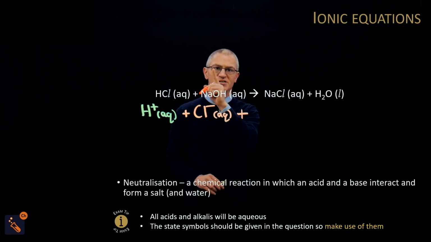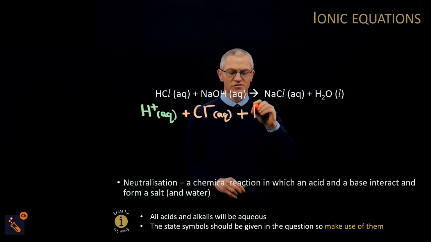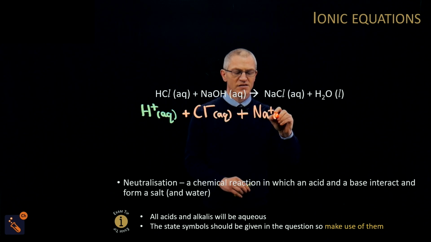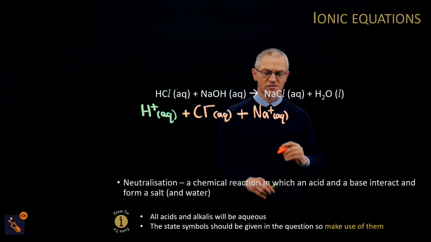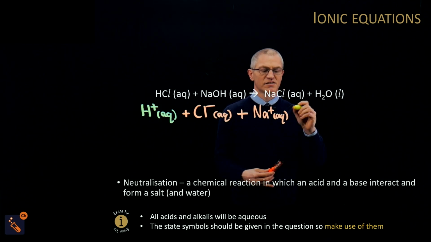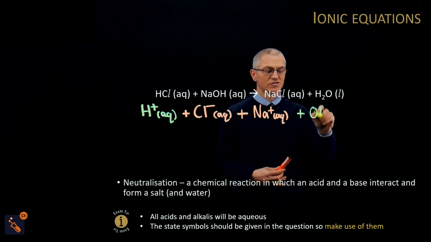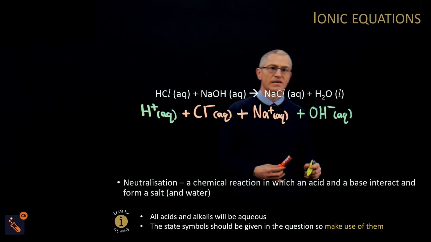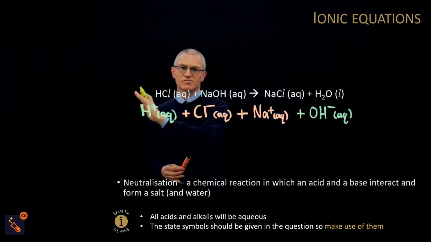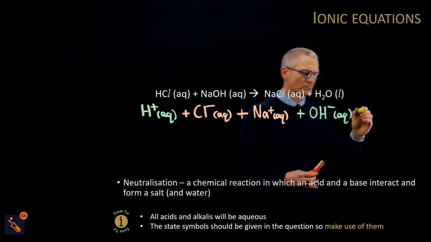It's aqueous, so we're going to split up the ions. That means we'll go Na+ aqueous, then we've got the hydroxide, which is OH- aqueous. And so we've got our reactants put into ions.